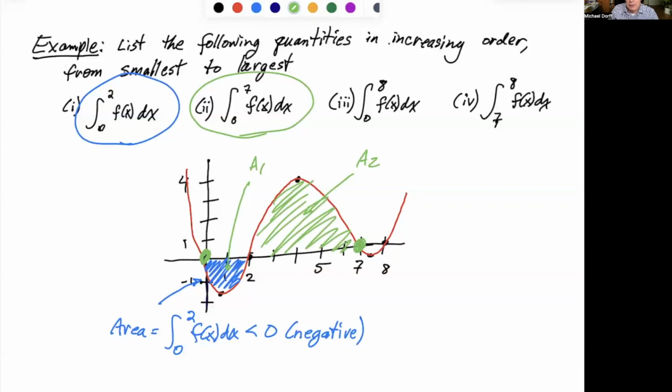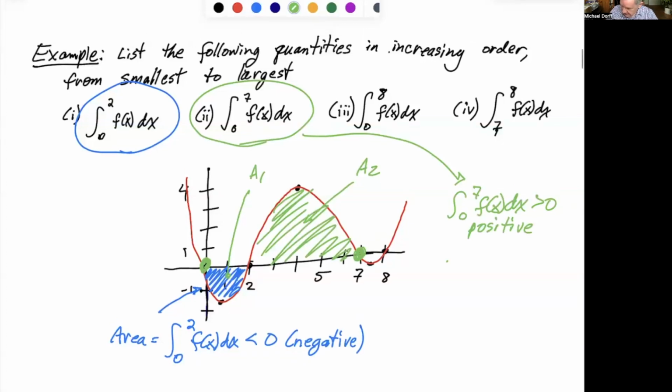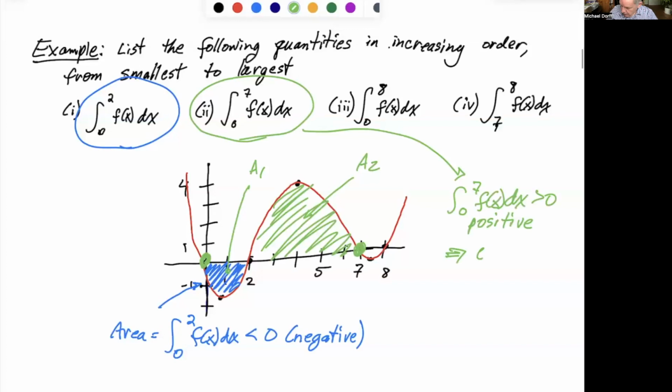So the fact that area 2 is much larger in total area than the area in area 1, we can tell that the integral from 0 to 7 of f of x dx is going to be positive. And so we know from all that that number 1 is smaller than number 2.